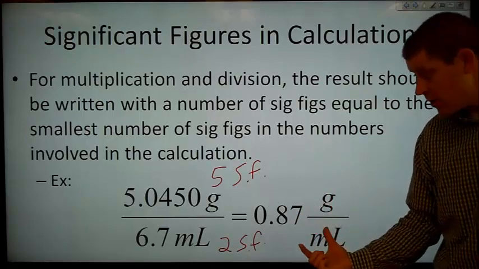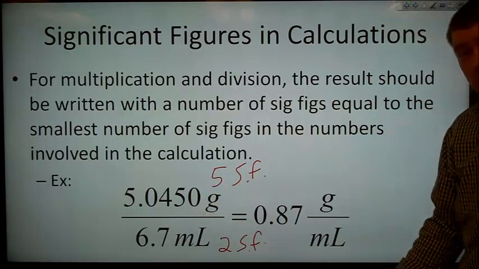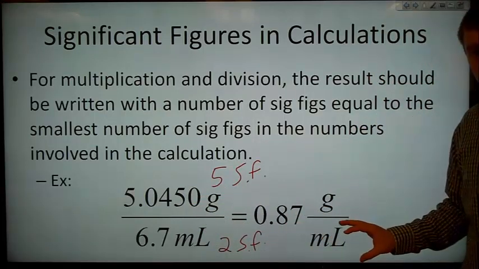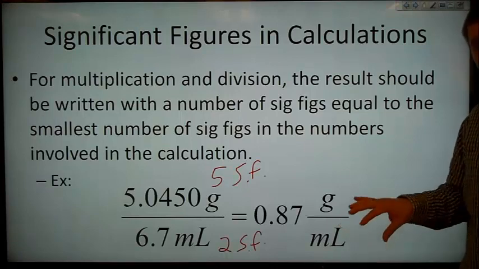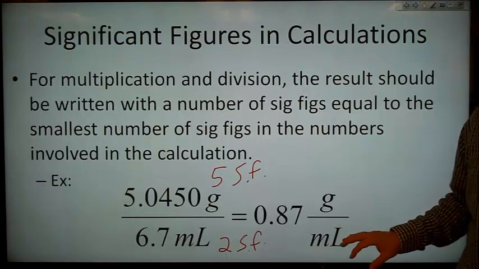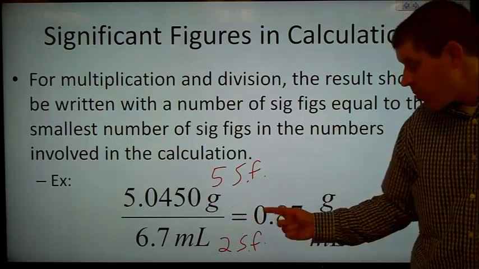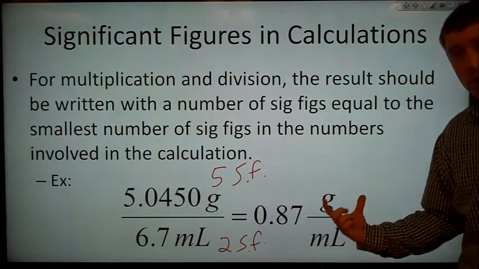So the best thing to do, if you have a bunch of calculations and you only care about that last result, is to only round for that last result. Keep more digits than what you really ought to have.